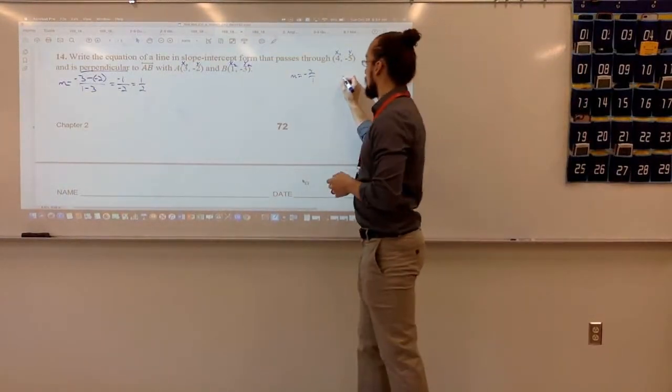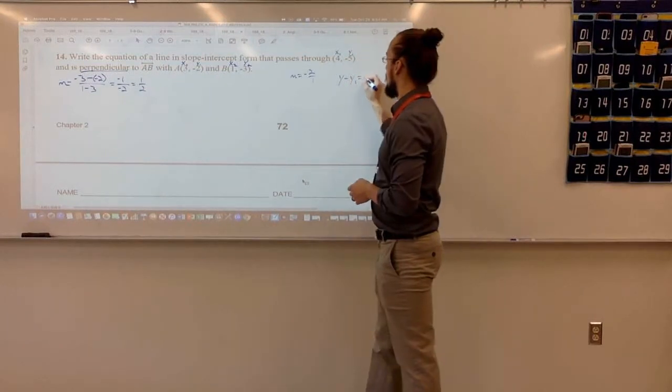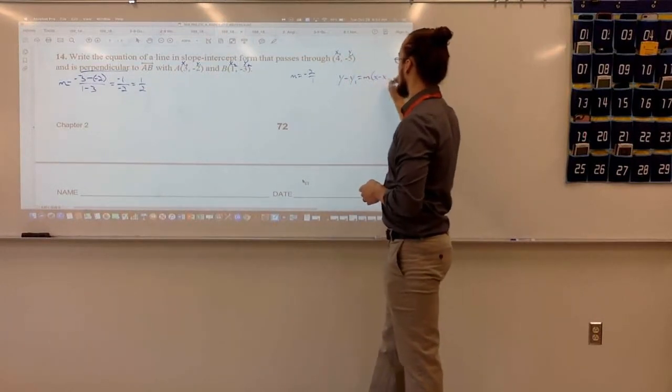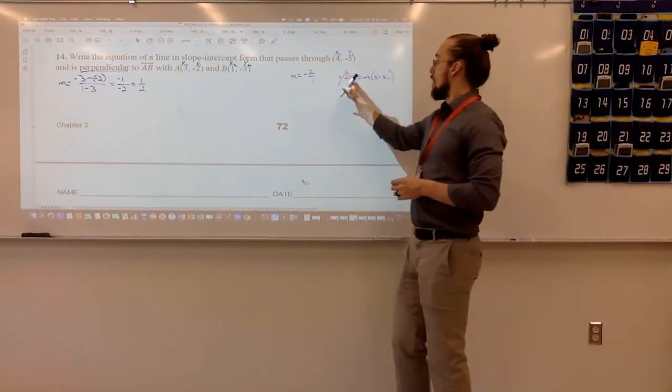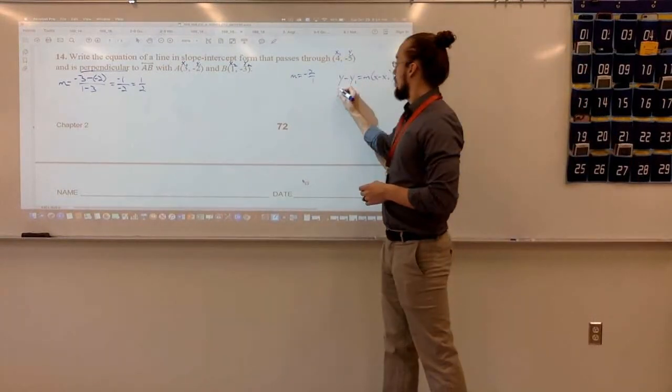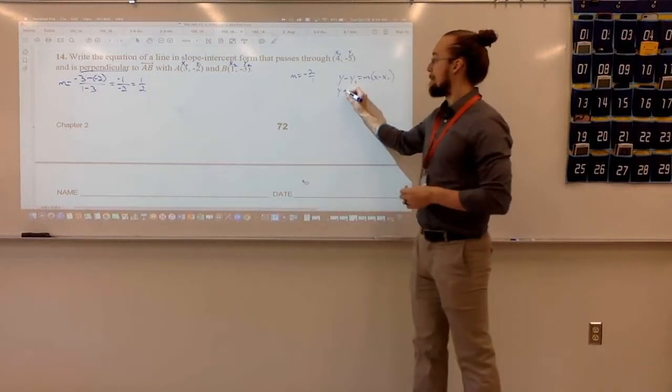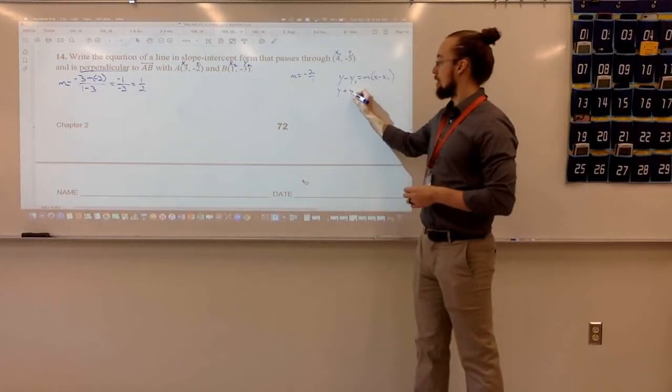So again, I'm going to plug this information into y minus y1 equals m times x minus x1. So my y1 is negative 5, so y minus negative 5 equals negative 2 times x minus negative 3, and we get y equals negative 2x plus 3. So this line would be perpendicular to AB.